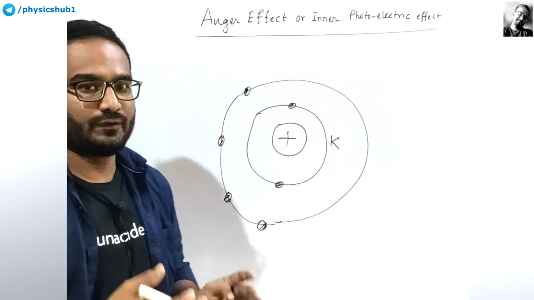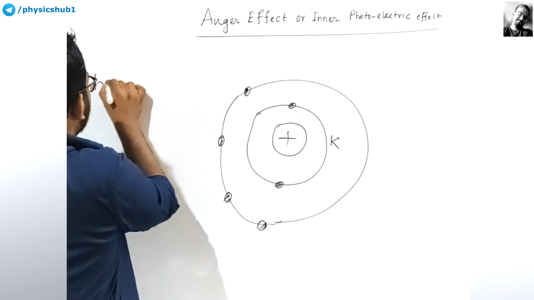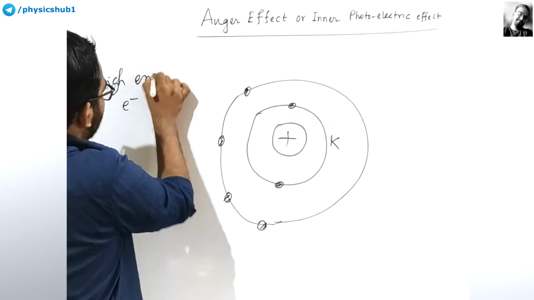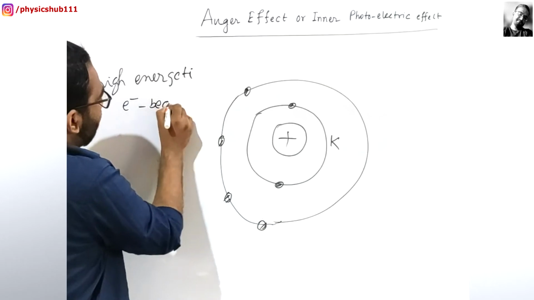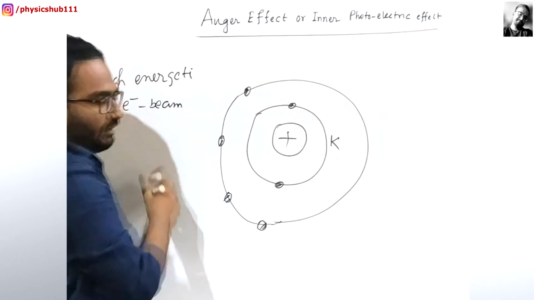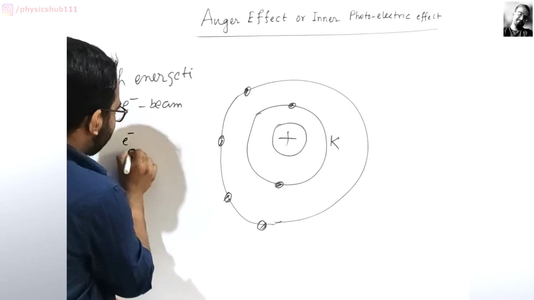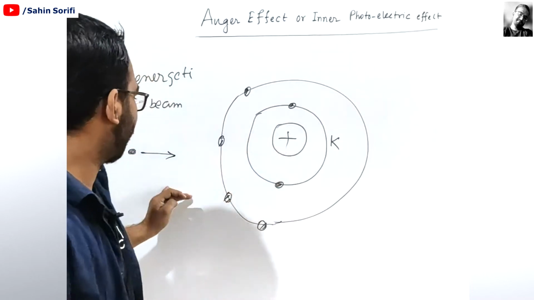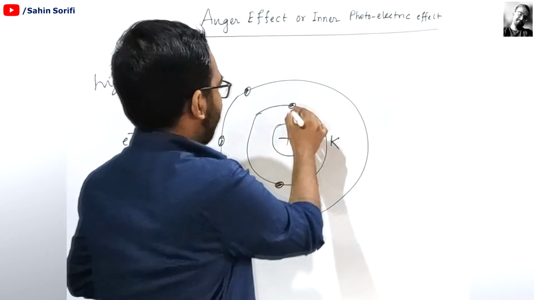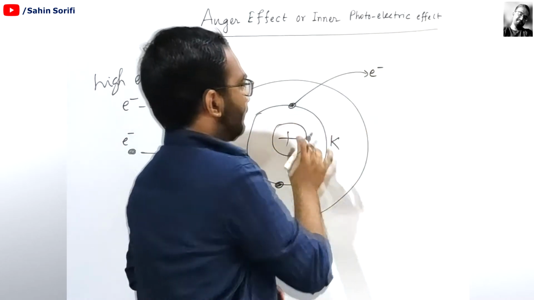Now what happens when we produce X-ray? We send a high energetic electron beam. For a representative point, we are just taking one electron. This is a high energetic electron and it is bombarded on this atom. What happens if this electron can knock out one electron from here?